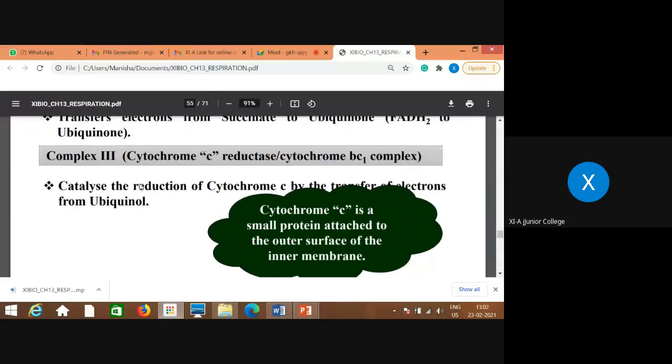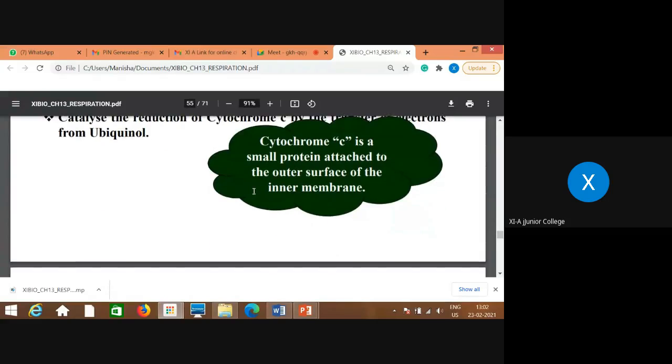And third is what? Cytochrome C is a small protein attached to the outer surface of the inner membrane, where there is reduction of cytochrome C by transfer of electrons from ubiquinol via the BC1 complex, if you remember.